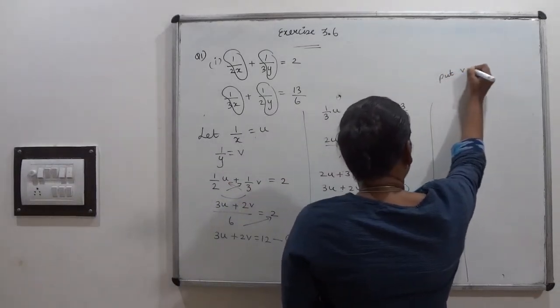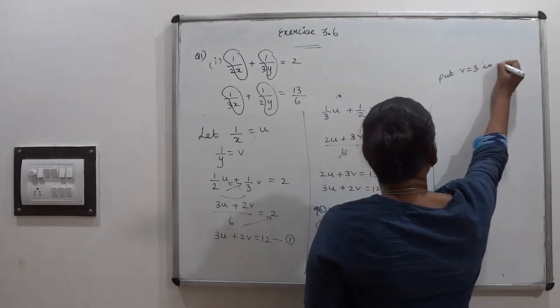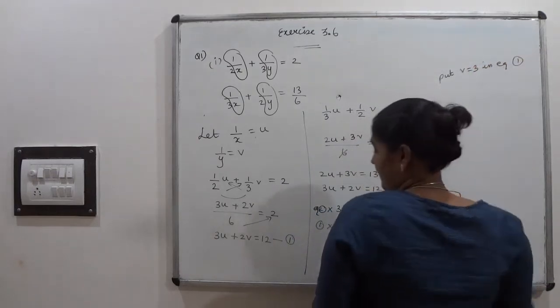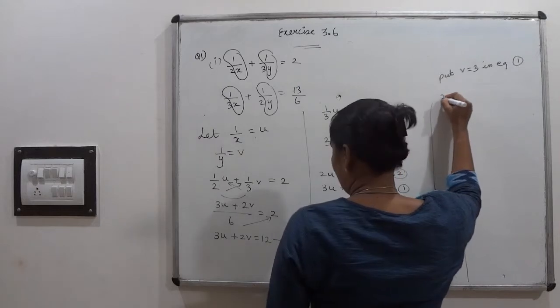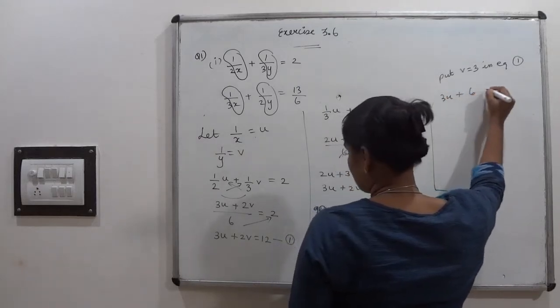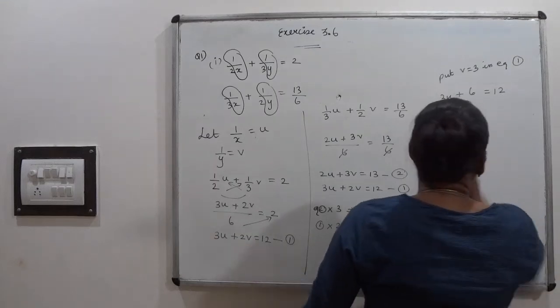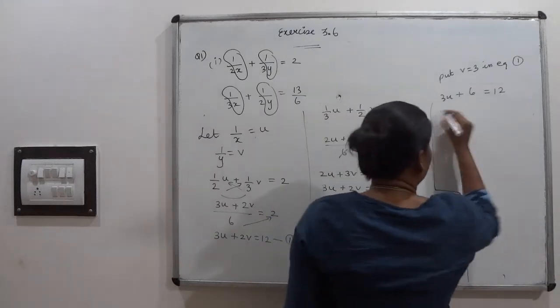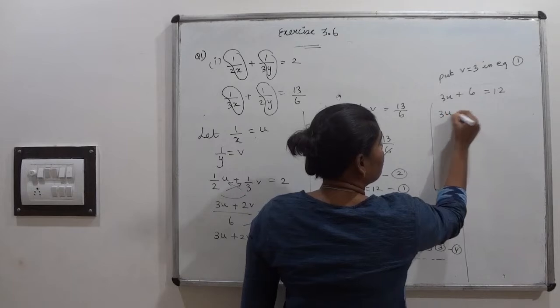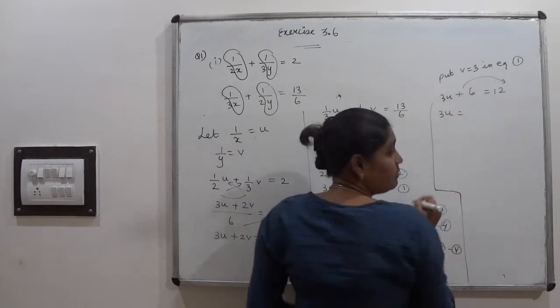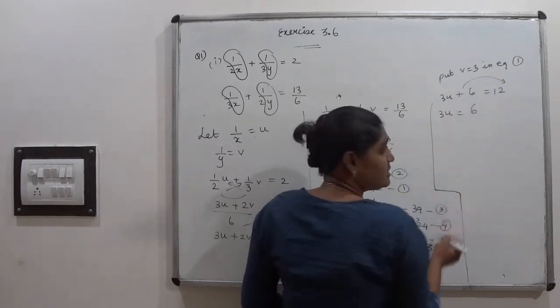Put v equal to 3 in equation number 1. So 3u plus 6 equal to 12. How did 6 come? 2 into 3 that is 6. 3u is equal to 12 minus 6, which is 6.